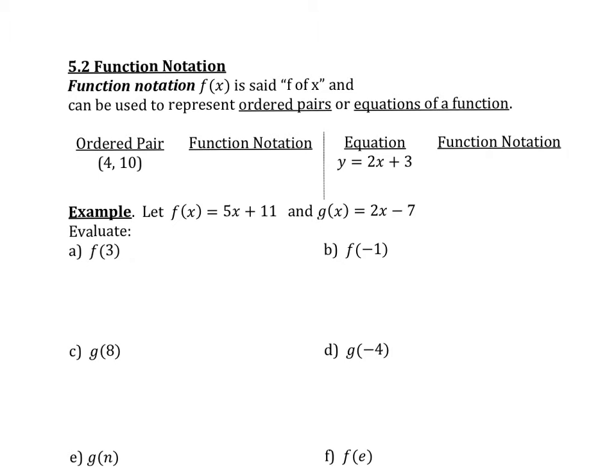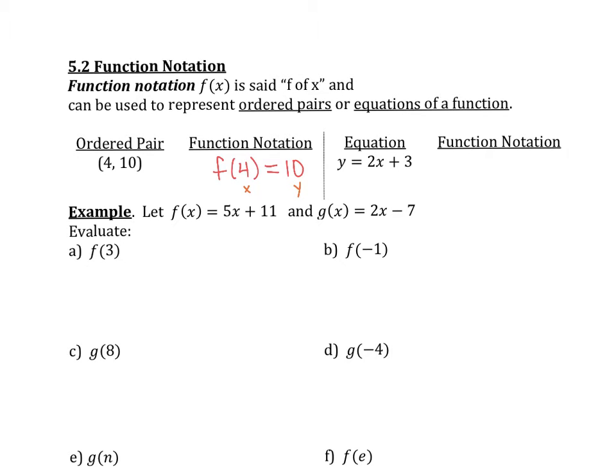Function notation can be used to represent ordered pairs, or it can be used to represent equations of a function, and I'll put an example of each. So for the ordered pair (4, 10), in function notation, I say f of 4 equals 10. Looking at this, this is the x, this is the y, and the f represents the function you're plugging it into.